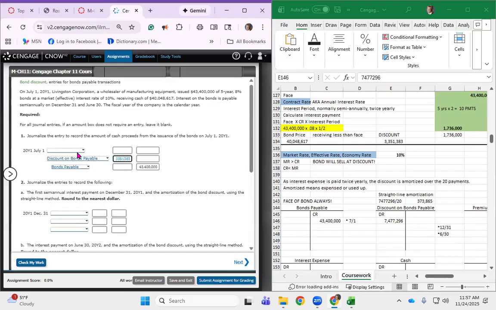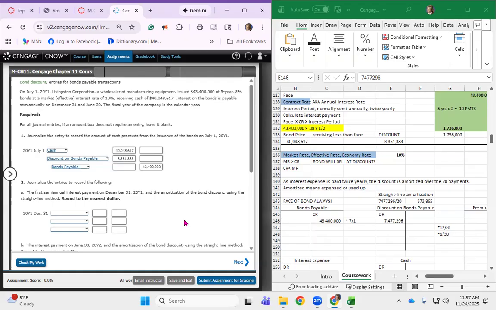Okay, and then you put cash, right? And cash is the bond price that they're telling you, the cash you received for it. And when you magically put that in, guess what? You have just created your journal entry for issuing the bond. Remember, issue means to sell.